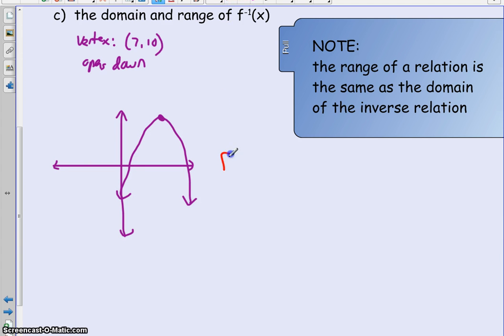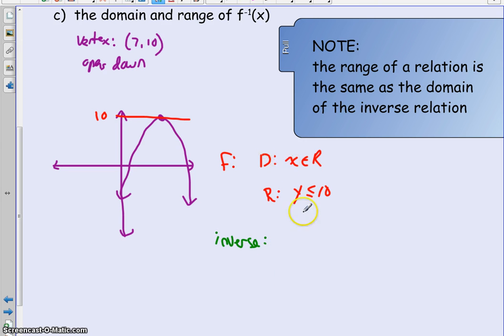So for my original function, my domain is x an element of the real numbers, and my range is any y value that is less than or equal to my maximum, which in this case is 10. What does that mean for my inverse?